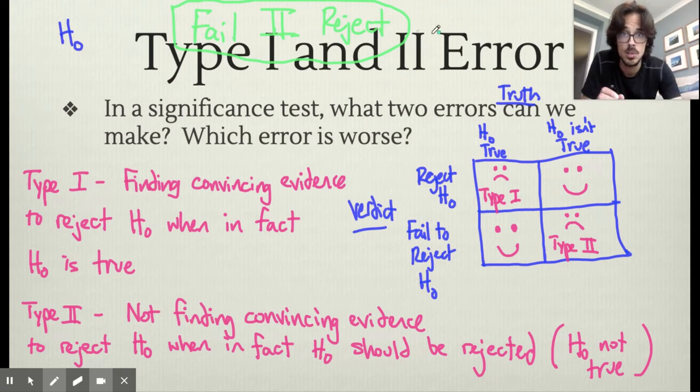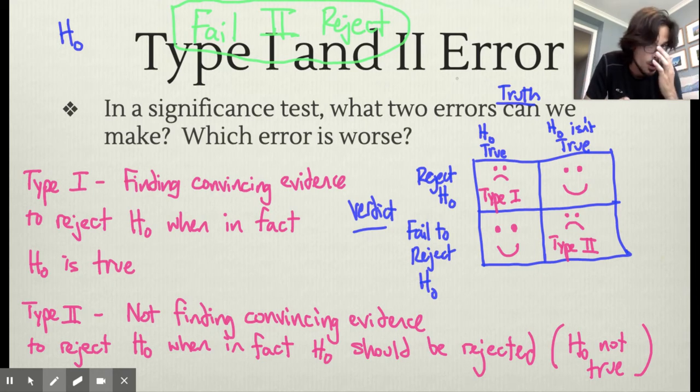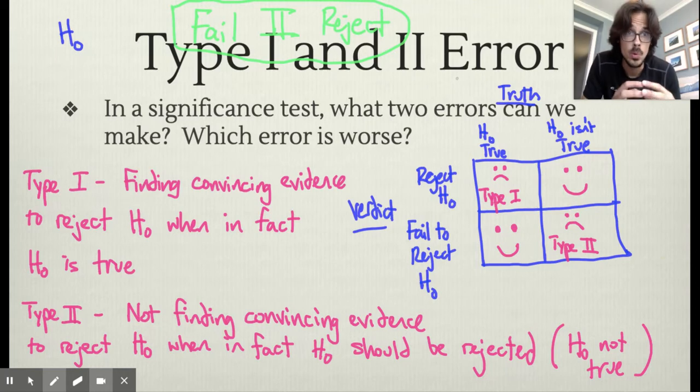I think this little phrase is very helpful for doing that. Please know that type 1 and type 2 are called errors, but it's not because you screwed up. I mean, you made the wrong decision, but it's not because you messed up your math. Type 1 and type 2 errors occur when you get that fluky, crazy sample that defies the odds.